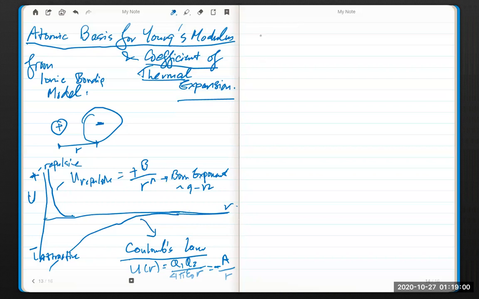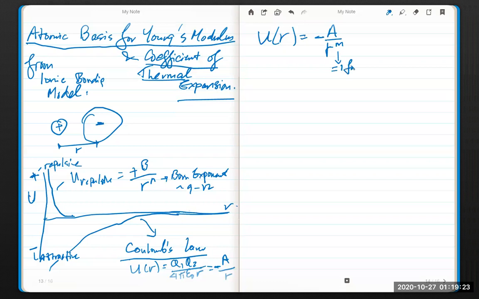So when you add them together, U as a function of R, there are two components to it. One is minus the attractive component, A divided by R to the M, where M is equal to 1 for ionic, and about 4 to 6 for covalent.